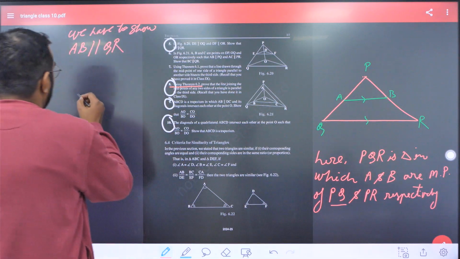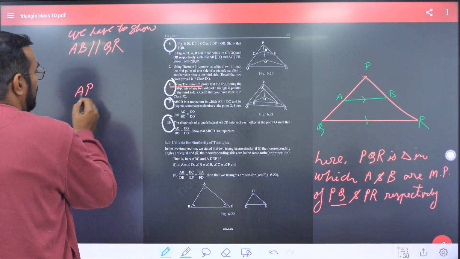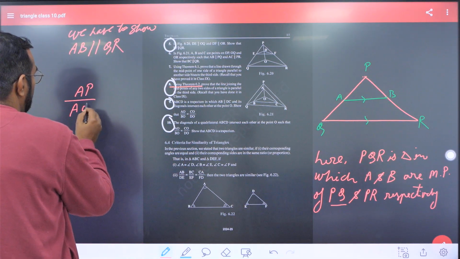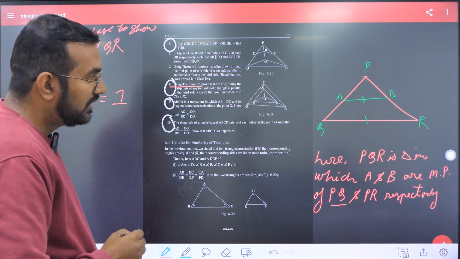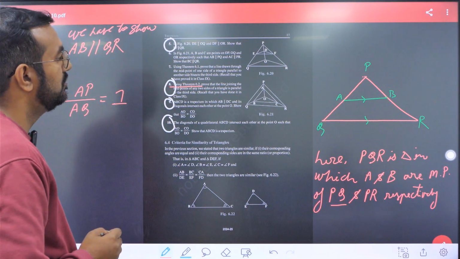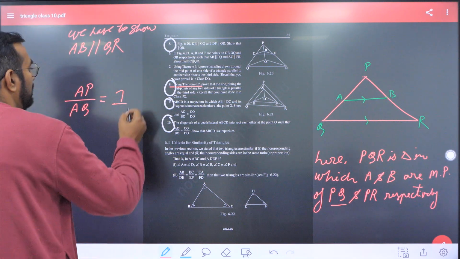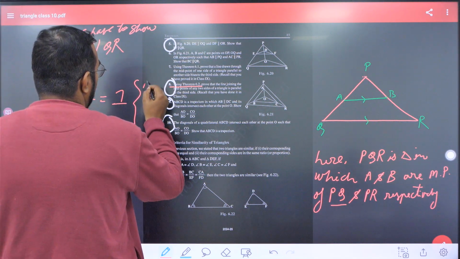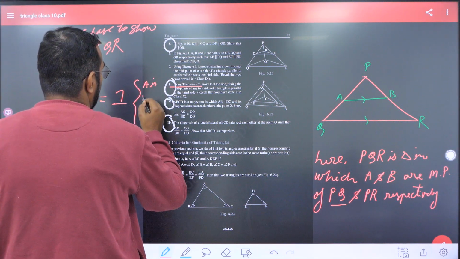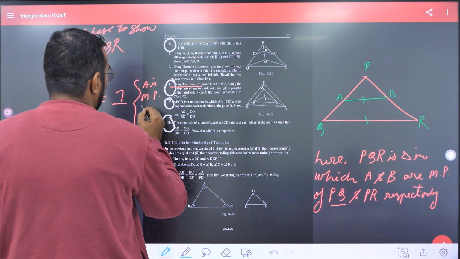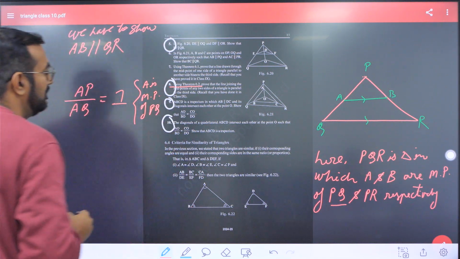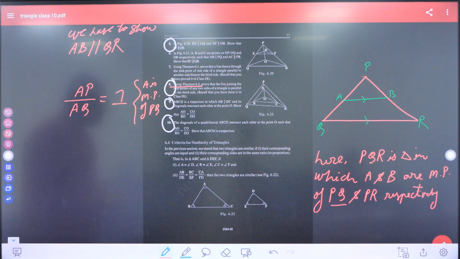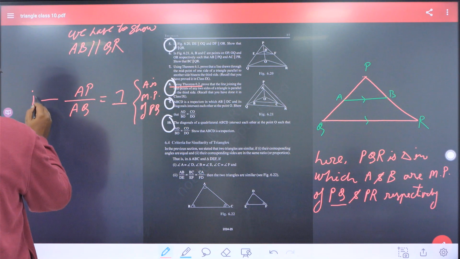Means AP upon AQ is equal to 1. Reason? A is the midpoint of PQ. So AP and AQ are equal, then the ratio is equal to 1. Make it equation 1 first.